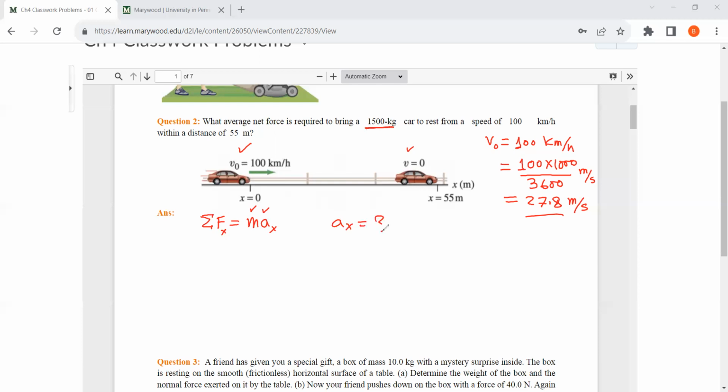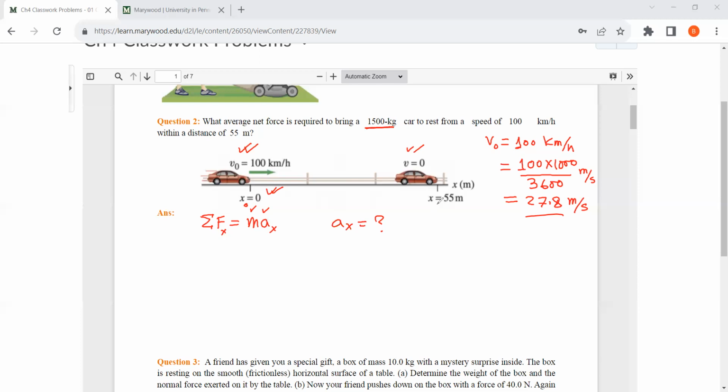How to calculate acceleration? We have to recall some kinematic equations that we learned in chapter 2. We are given initial velocity, final velocity, initial position, and final position, where x0 is 0 and this is x.